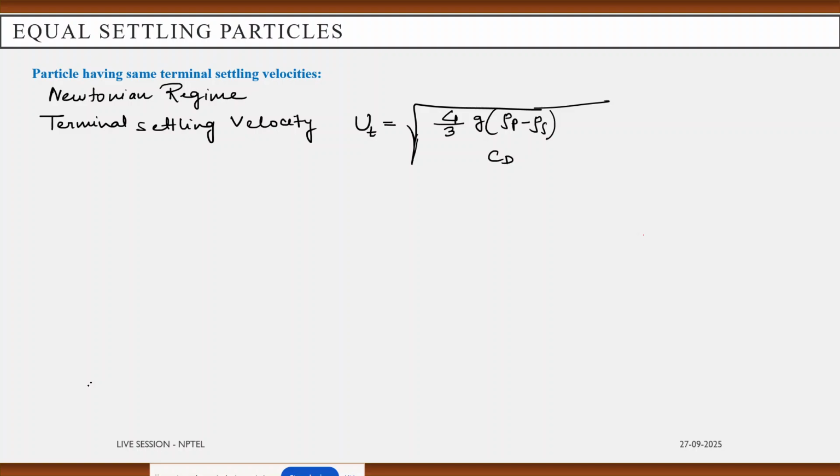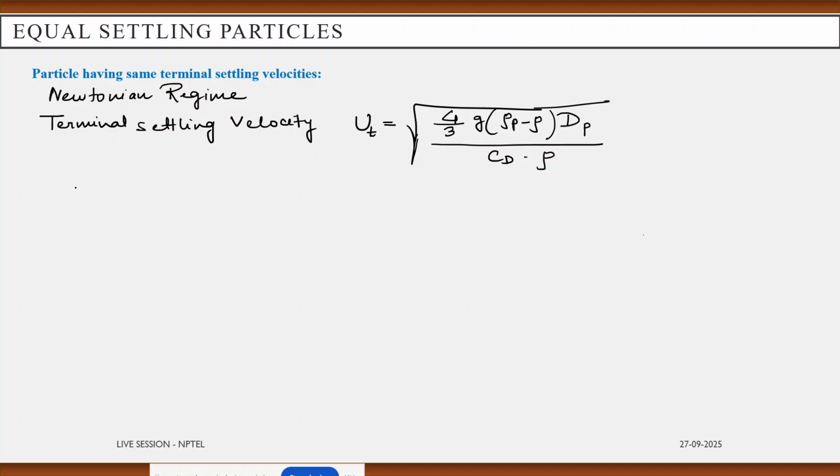As we have defined, we can write rho f as only rho, and write it as dp by CD into rho. So this is the general one.